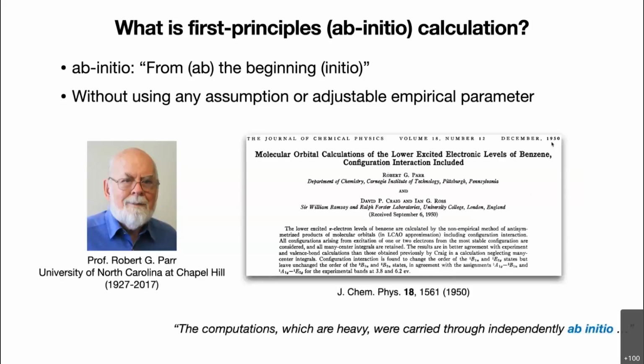Professor Robert Parr from the University of North Carolina at Chapel Hill first used the word ab initio in his JCP paper in 1950. In this paper, he said the heavy computations would be carried through independently, ab initio.